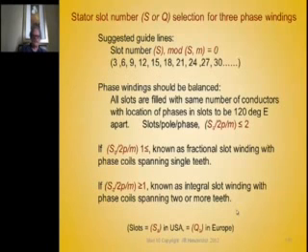When I say conductors, I mean conductors of each side of the number of turns of a coil. I'm not talking about parallel. You want to have all the slots full of copper just for ohmic losses. But when I say conductors, I mean conductors is number of turns times 2. Conductors equals number of turns times 2. And so each phase, for a 3-phase motor, the coils have to be distributed 120 electrical degrees apart.